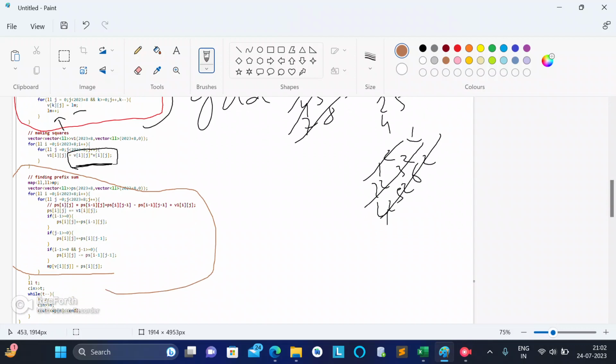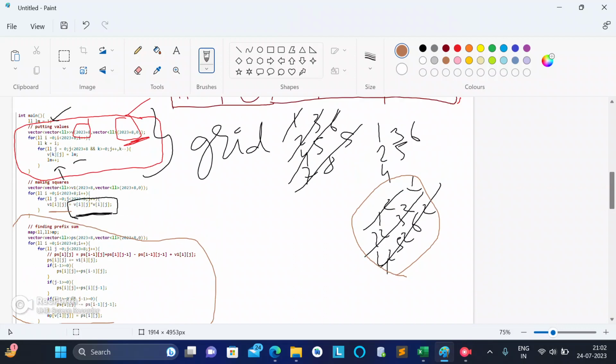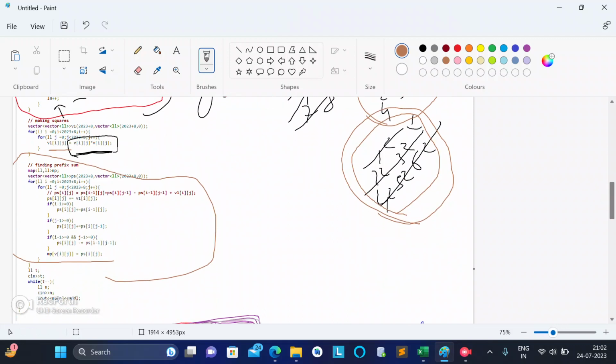So here we will apply the idea of 2D prefix sum on v1 of ij, on this 1 square, 2 square and 3 square, not on 1, 2, 3, 4 diagonally. So I applied the idea of prefix sum, and I did the mapping.